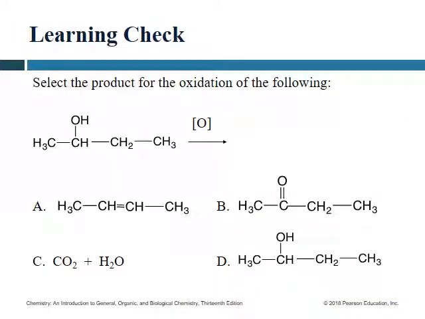So for instance, let's see a question like this. Select the product for oxidation of the following. So what do we see here? This is a reaction of oxidation. The question is asking what would be the product. So what we see here is 1, 2, 3, 4 carbons and a hydroxy. So this is an alcohol. How do alcohols oxidize?